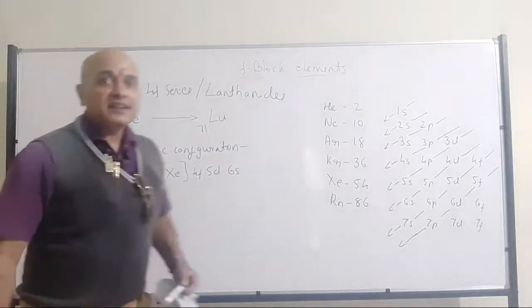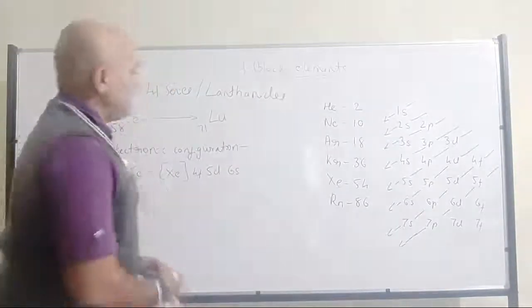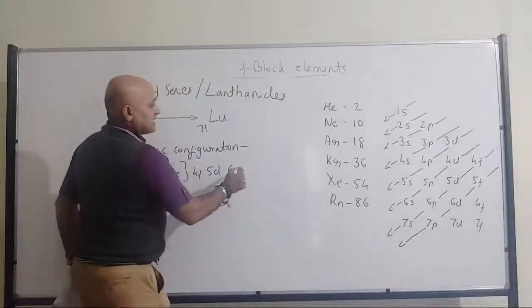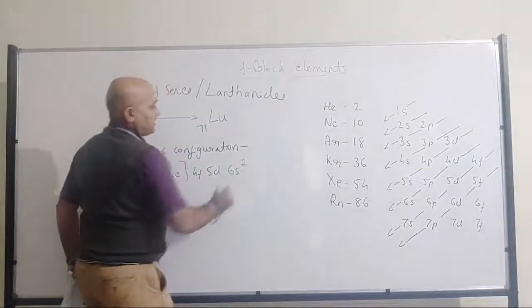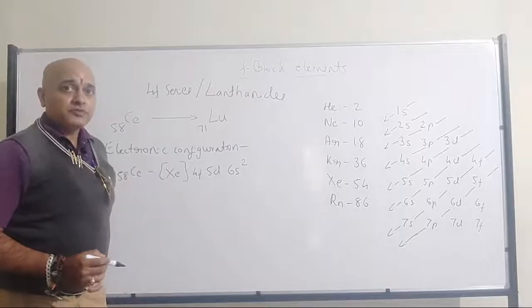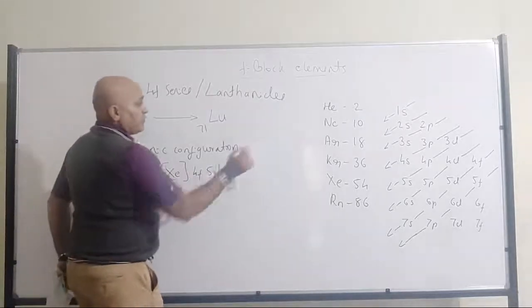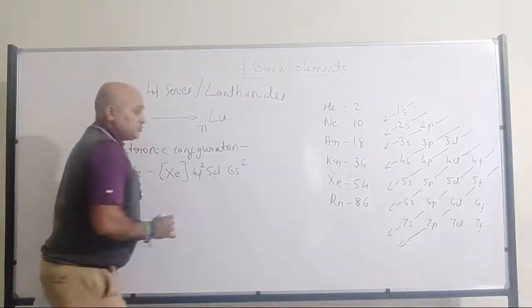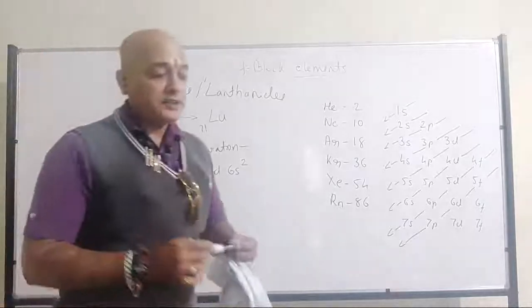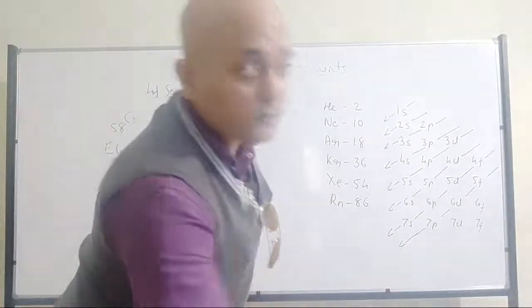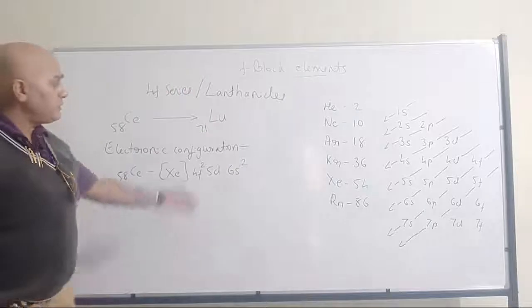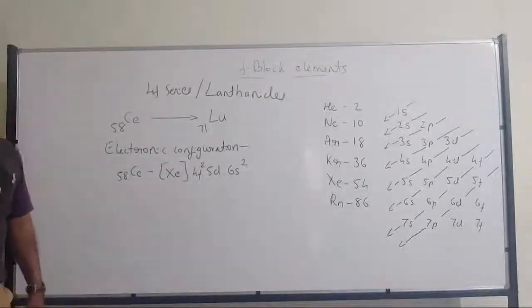It can be written as 6s, which first gets filled, so I will make it 2. Then 4f will come, so I will make it 2. Where is the option for 5d? Some of you have written for 5d, but there is no option for 5d, no electrons left over.